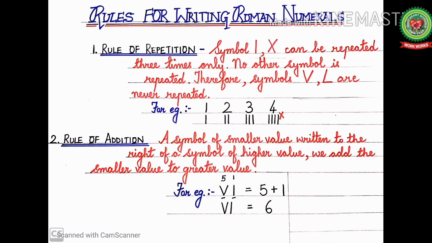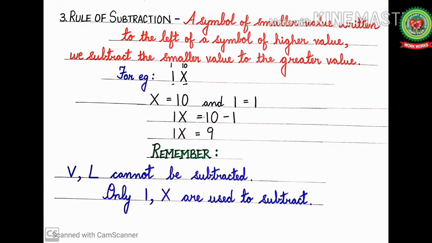We have learned the rule of addition, where a symbol of smaller value written to the right of a symbol of higher value, we add the smaller value to the greater value. Then we have learned the rule of subtraction, where a symbol of smaller value written to the left of a symbol of higher value, we subtract the smaller value from the greater value.